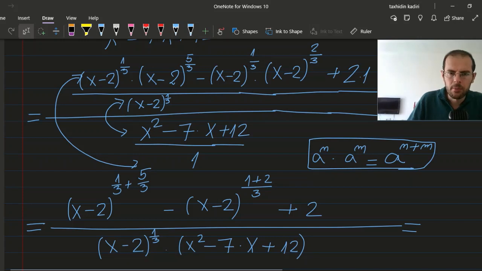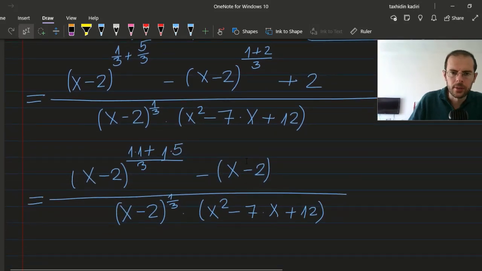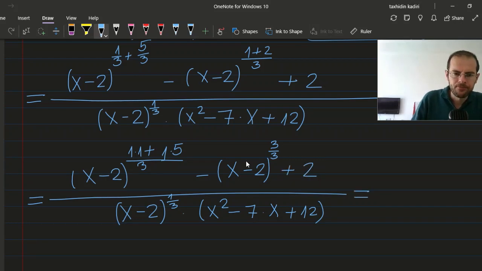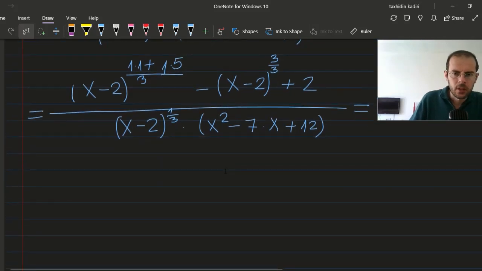Directly I have said the base x minus 2 and this exponent, these powers are added. Here we have 3/3 plus 2, equal. Now what we have?